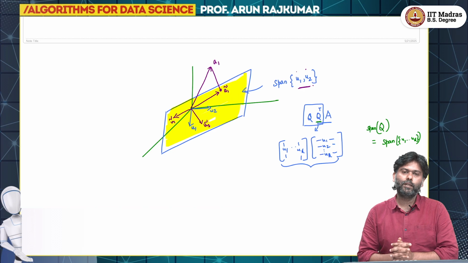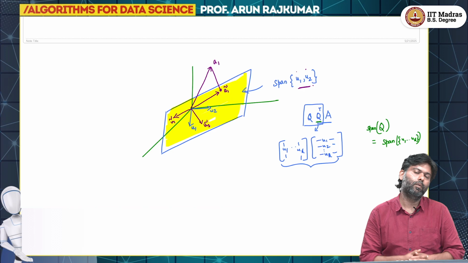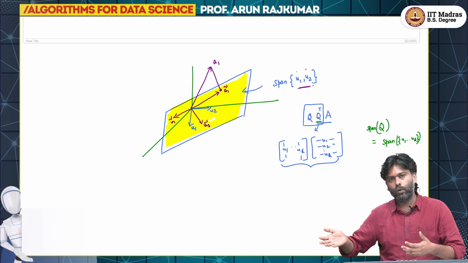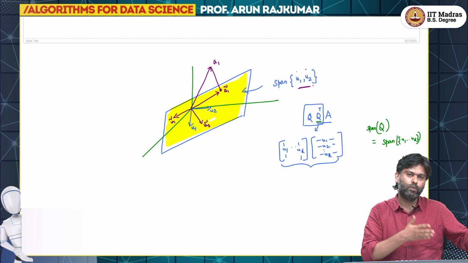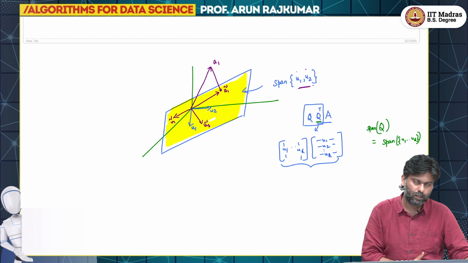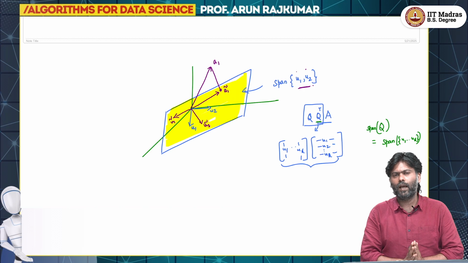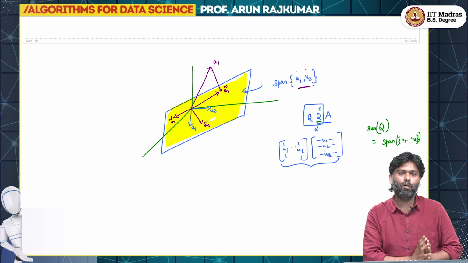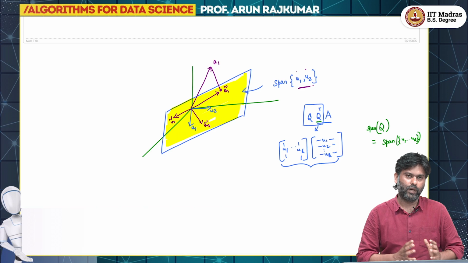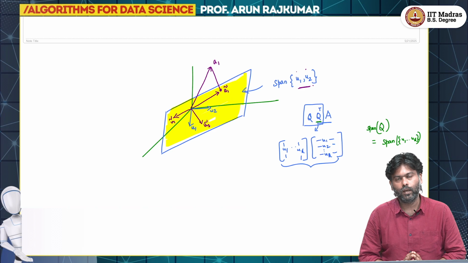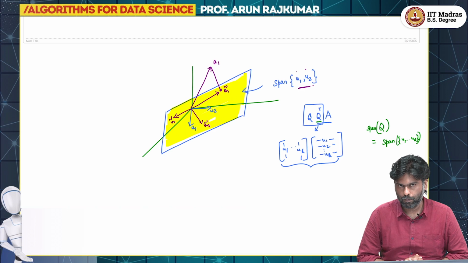Getting U1 to UK itself is going to be hard. That defeats the point of doing SVD, because to get U1 to UK, I need to do SVD of A, which is what I am trying to avoid in the first place. So I cannot do that. But by observing that, as long as I can get a different orthonormal set of vectors whose span contains what I want, U1 to UK, then perhaps I am still okay.